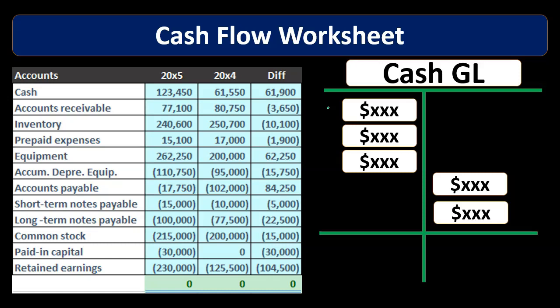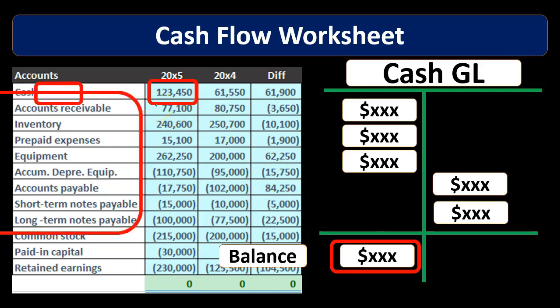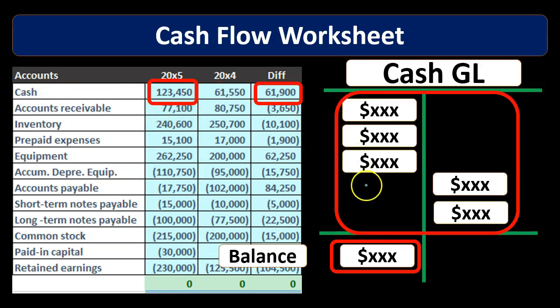We can go through the actual GL and try to categorize all the activity, because we know that this activity represents the change here. That represents the difference of what's happening from one period to the next. So this will give us our ending balance. So we know then that this ending balance is going to equal what's on the balance sheet. And we know that if we added up all this activity, that's going to give us the change. And this is really what we're looking for in the statement of cash flows.